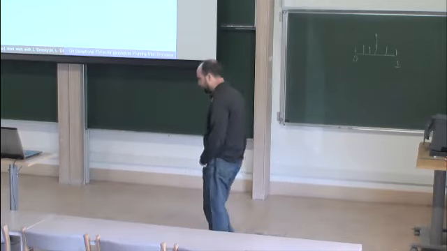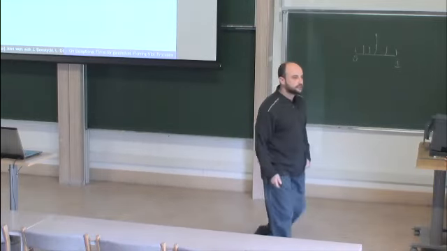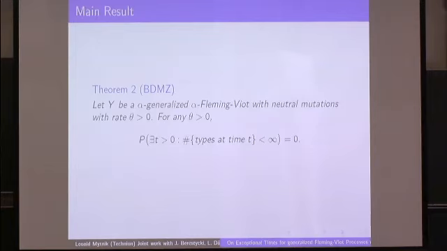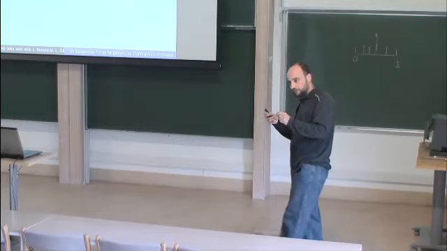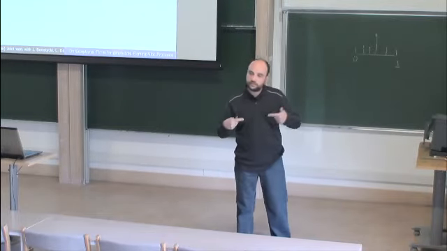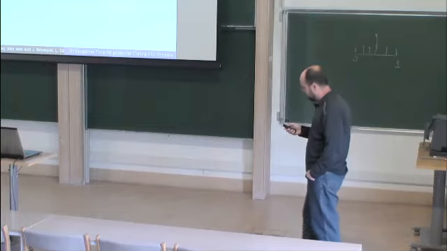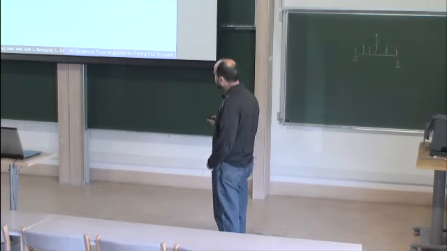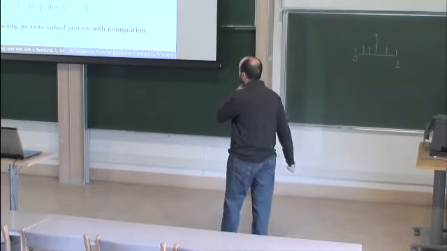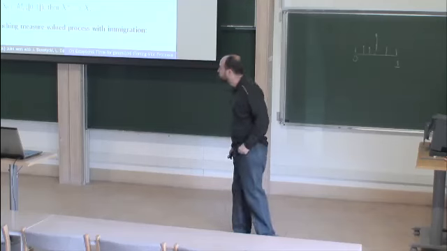And the key is the relation between Fleming-Viot process and branching process. When you establish this relation, when we see that there exists a relation, then the result is really easy, and we'll see how it works. So, connection of Fleming-Viot with branching measure-valued process.